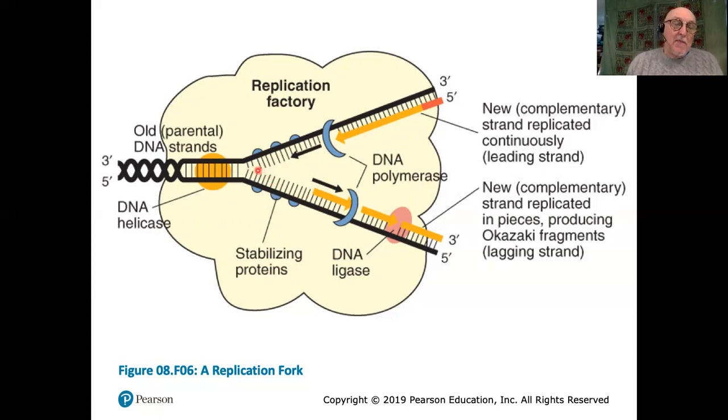And realize that this helicase is running in this direction here. It's running in that direction and opening up the strand. So when we look at the geometry of what is happening, we're going to see that there's one strand here which can be distinguished from that strand there by what happens. And what happens is dependent on the direction of opening.